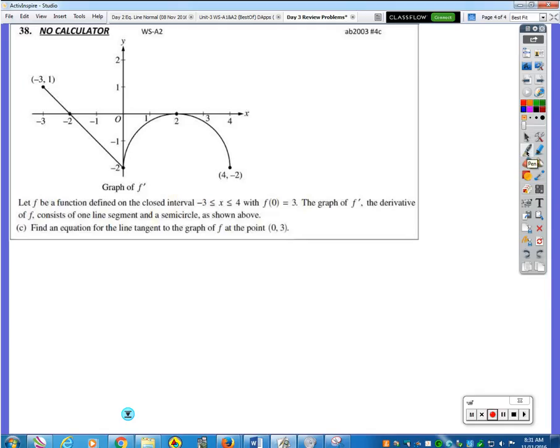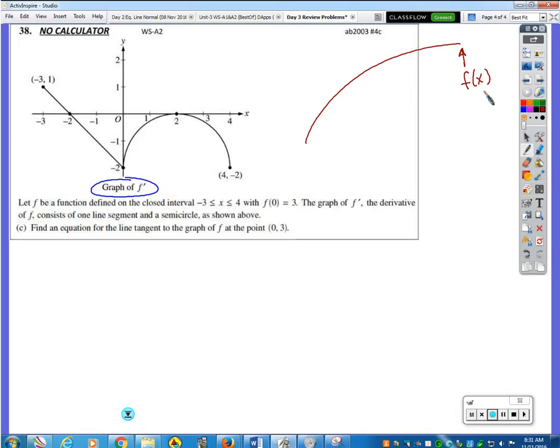It says find an equation for the line tangent to the graph of f at the point 0, 3. The graph we're looking at is not f. The graph we're looking at is f prime, so I need to draw f. That's easy because every f function in my world looks the same. So f looks like this.